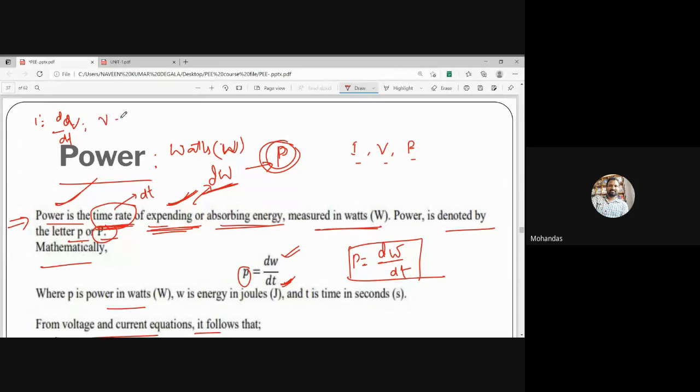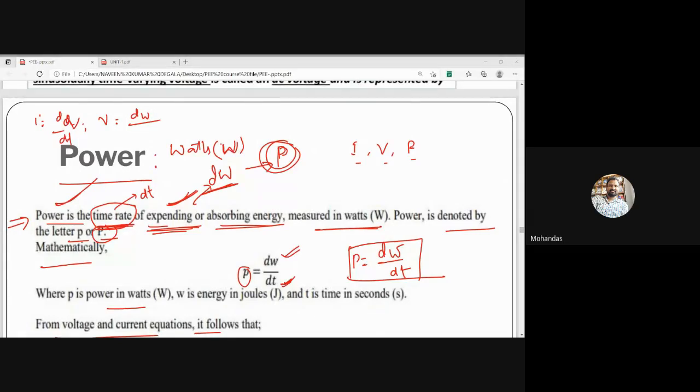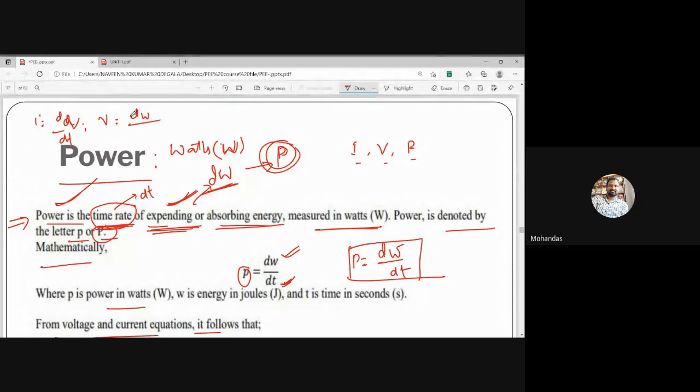What is the voltage equation? dw by, am I audible? Please respond. What is the voltage equation? dw by dq. Very good, dq.